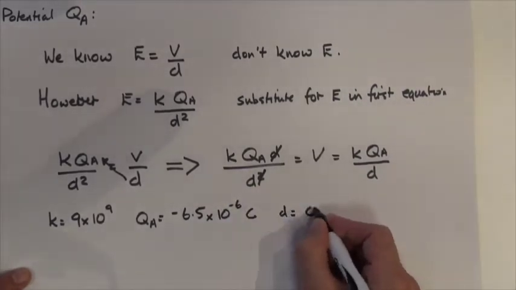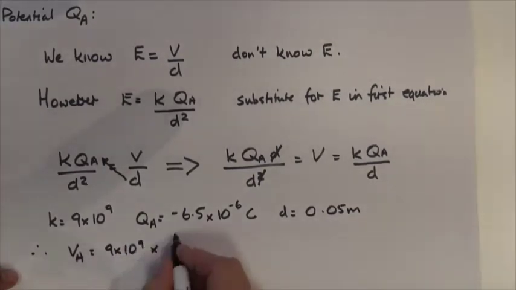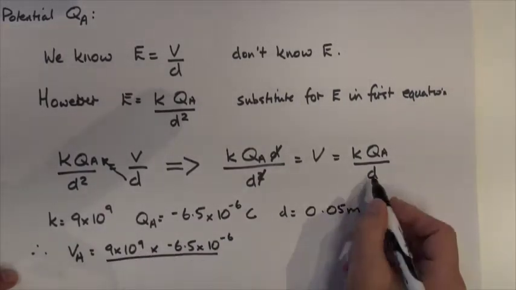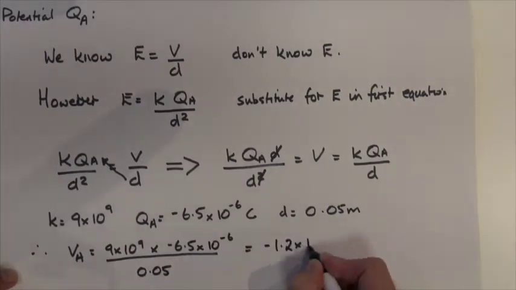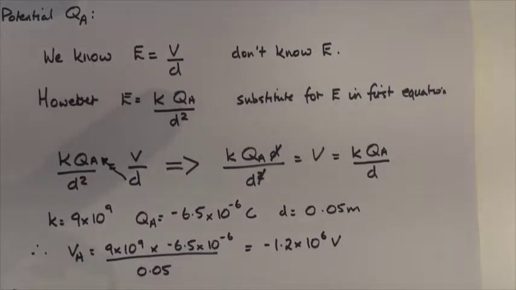I've just converted microcoulombs, and I know that D is 0.05 meters. So VA will be 9 times 10 to the 9 times negative 6.5 times 10 to the negative 6, divided by 0.05, which gives me a voltage of negative 1.2 times 10 to the 6 volts.